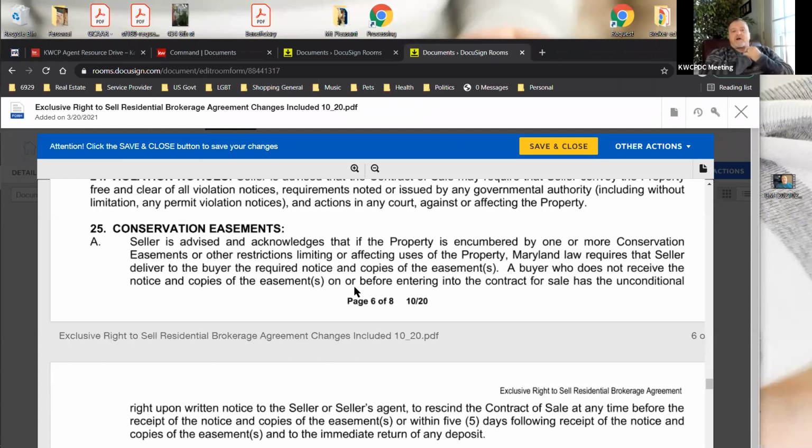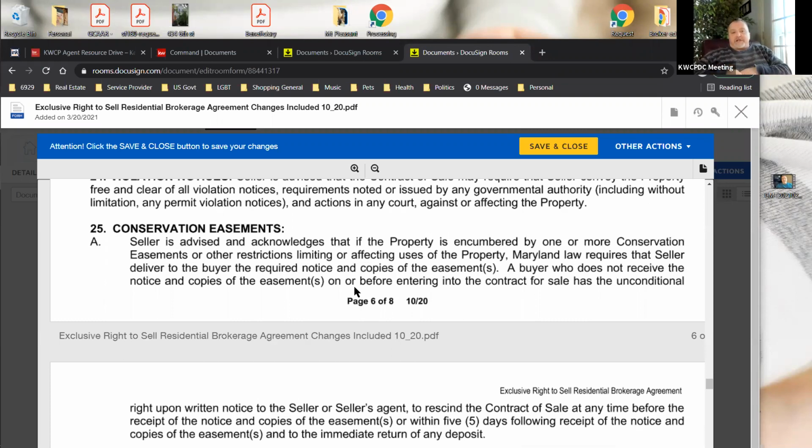Conservation easements. Some of our areas in Maryland are designated as conservation areas, and there are special easements that dictate what can and can't happen in those areas in order to protect the environmental issues they're designed to protect.